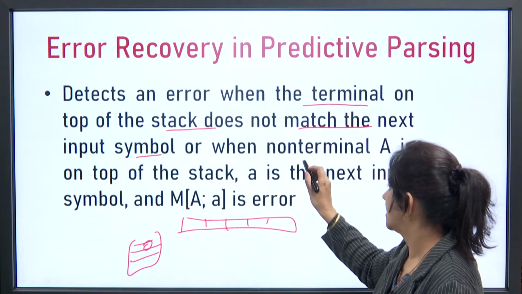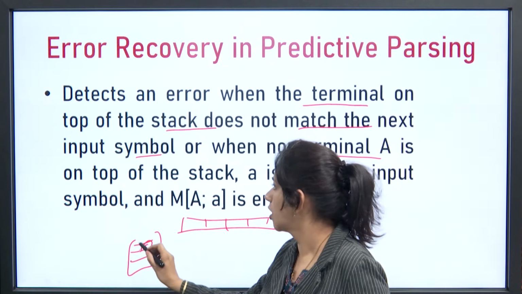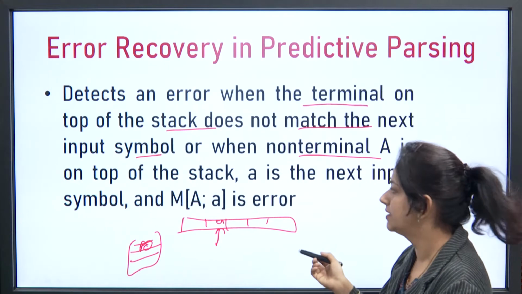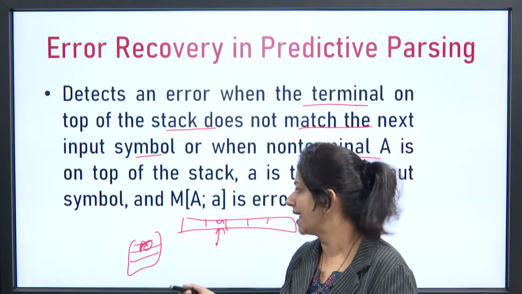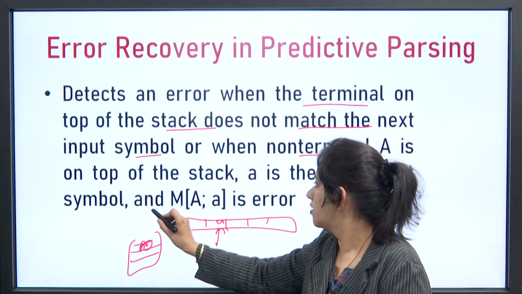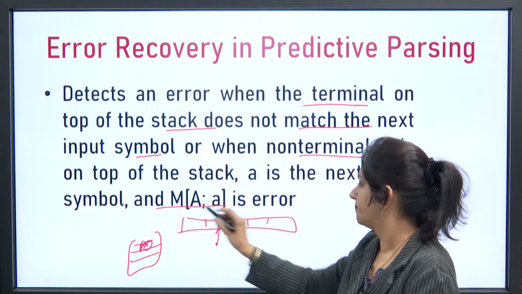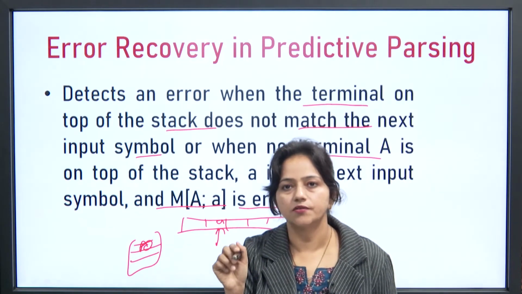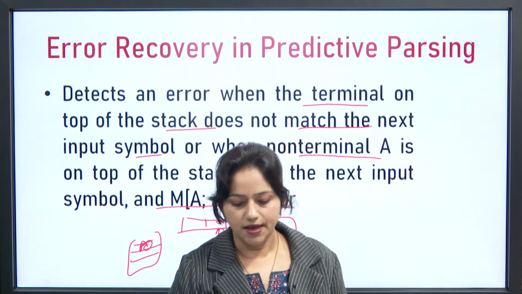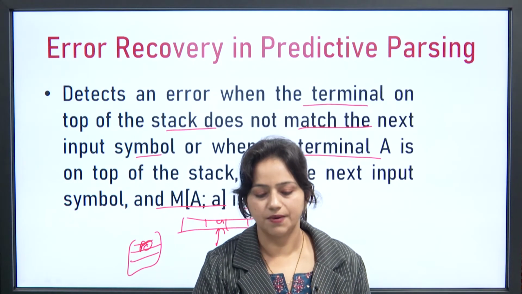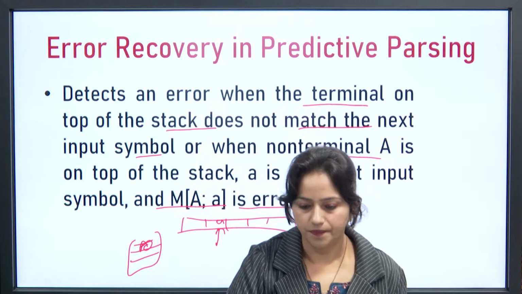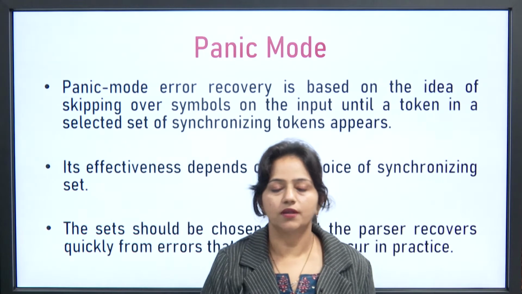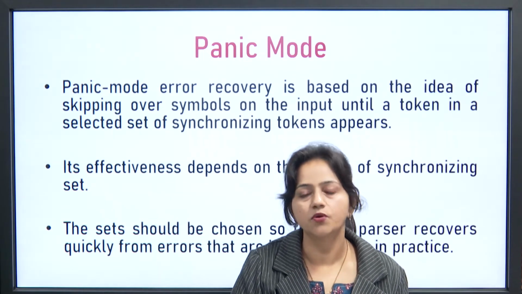The second possibility is when the non-terminal A is on the top of the stack and the input symbol a is next to be scanned, and the table entry for non-terminal A and input symbol a is blank. Blank entries imply an error. These are the possibilities of errors. Now we will see how to recover from them. We will apply both methods, panic mode and phrase level.